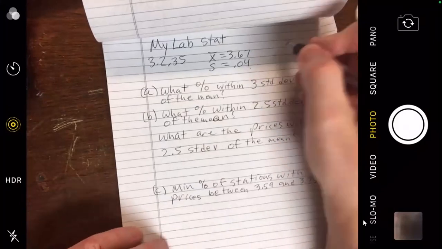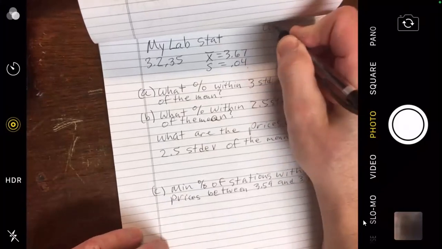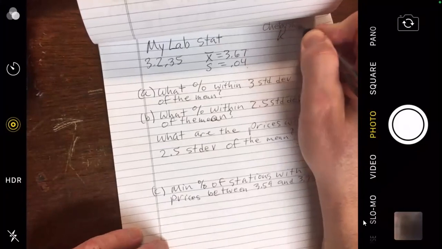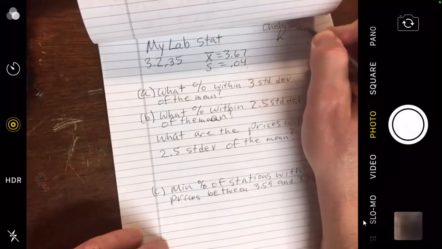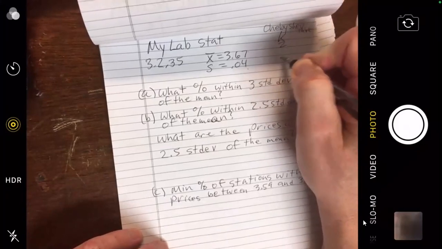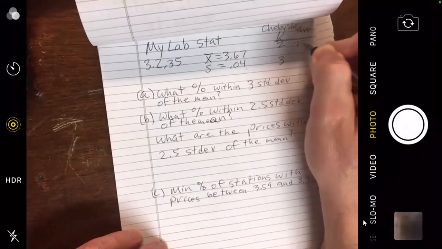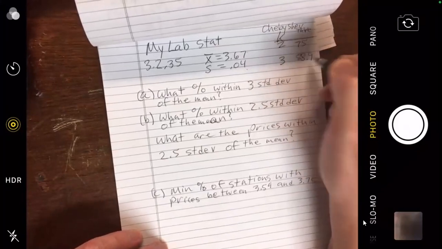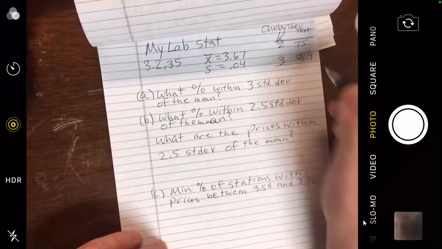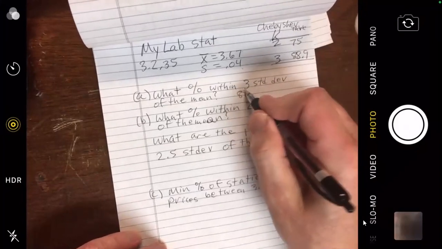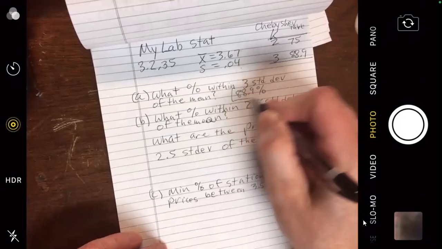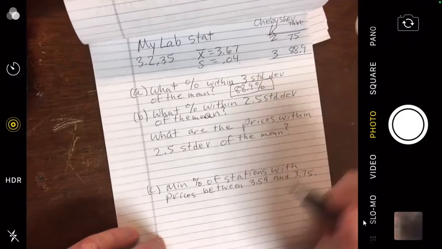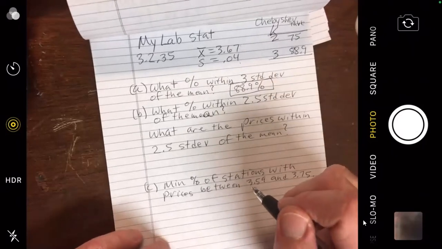All right, well, I'll redraw the Chebyshev table. This is the Chebyshev table. I use 2, 3, remember 75, 88.9. And there you are, 88.9%. Right off the Chebyshev table. It's that easy.